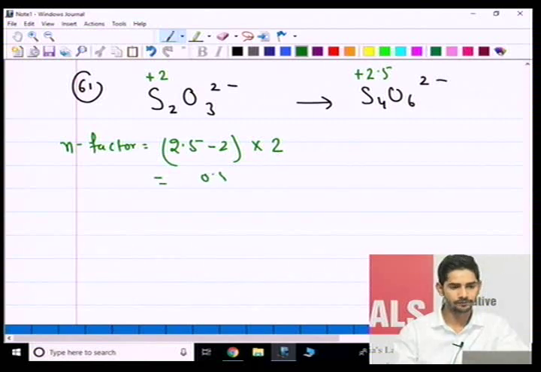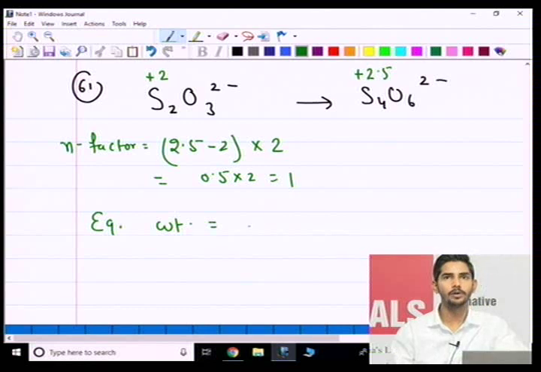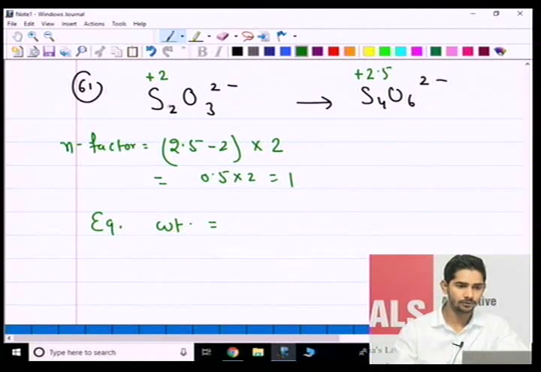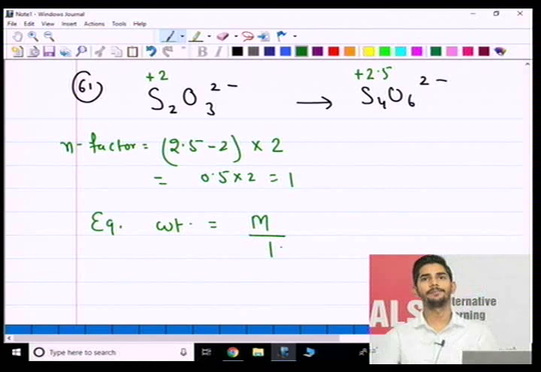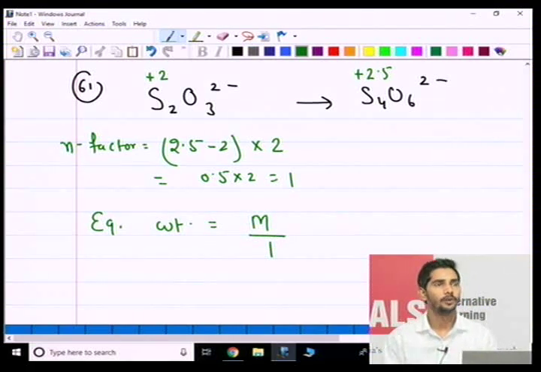So this is 0.5 into 2, which is equal to 1. Now we have to calculate the equivalent weight. Equivalent weight is molecular weight upon N factor. So we have to calculate the equivalent weight of the Na2S2O3. Its molecular weight is M. N factor is 1. So equivalent weight will come out to M by 1.